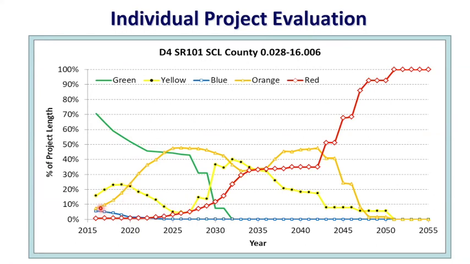Or you can use a medium thickness type of treatment, or medium thickness type of overlay, to fix all this orange type of pavement when it goes beyond about the 40% threshold, right? So you also see that this orange line stays flat for a little while. That means what?